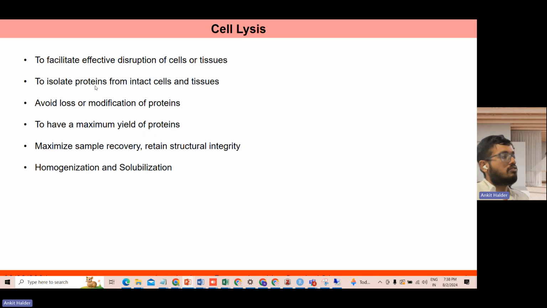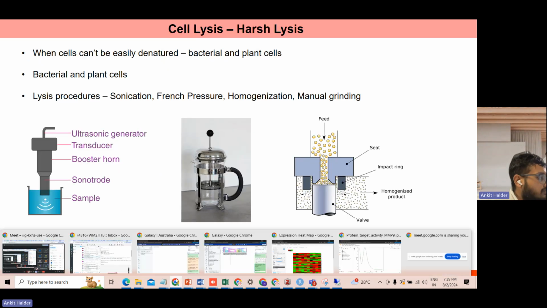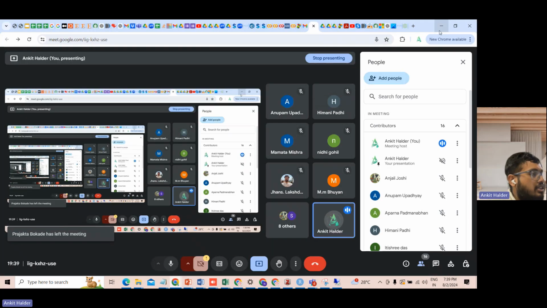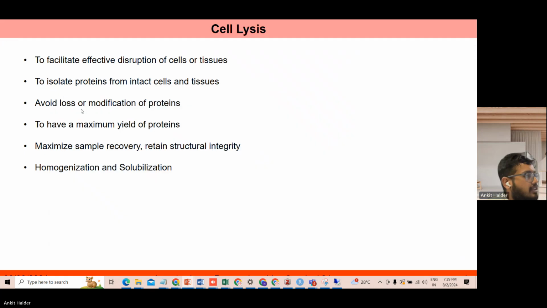So that's why cell lysis is one of those quite vital steps that holds quite an important role, because we need to effectively disrupt and get the contents out of the cell. On the other hand, we should not lose the protein or allow modification of the protein to occur. So that's why it becomes again quite important.